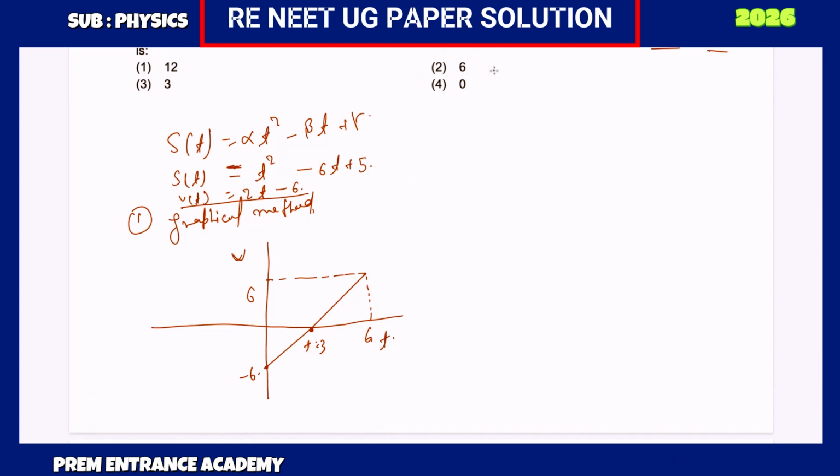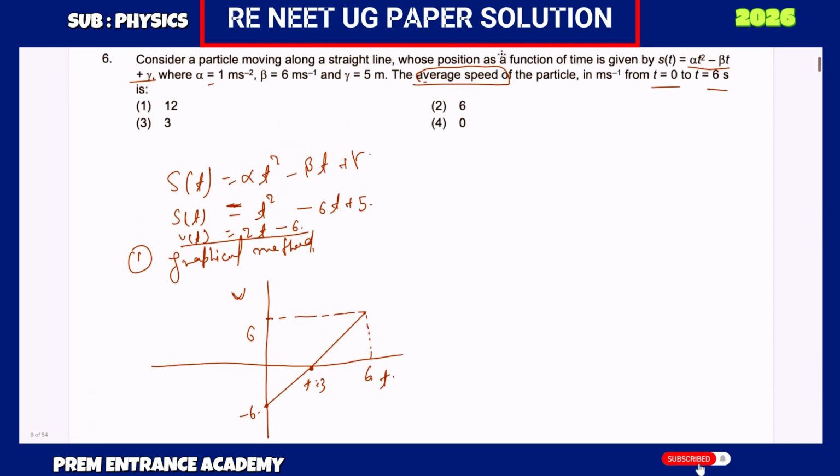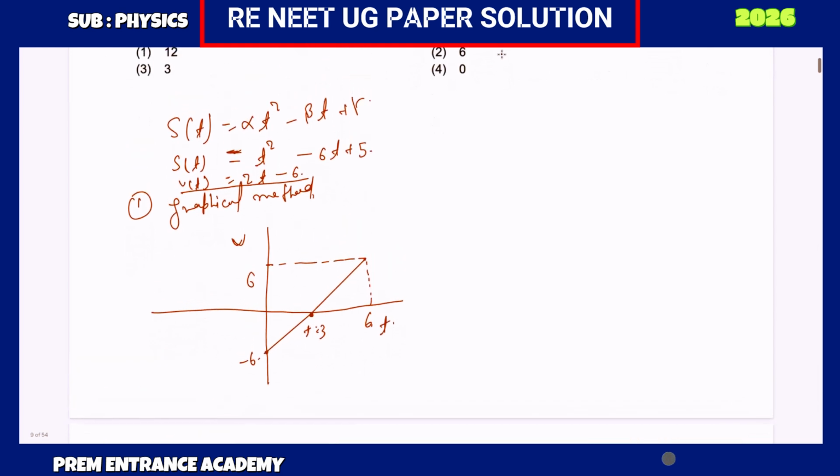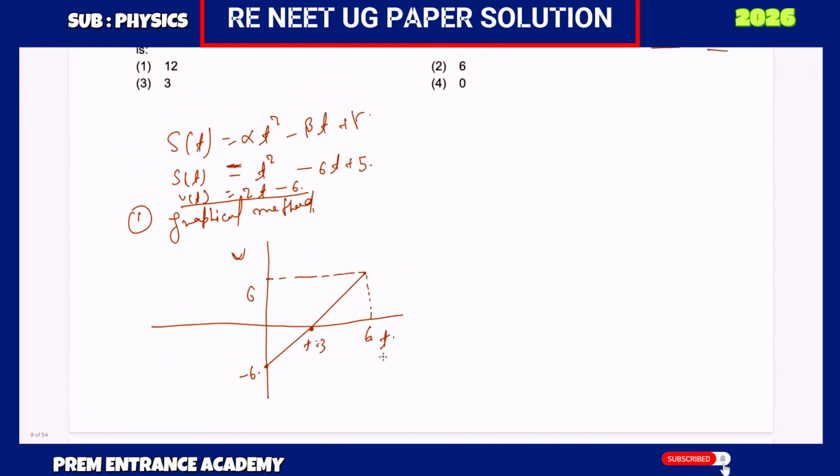So what we have to find is basically the average speed. Average speed means V average is total distance traveled upon time taken.